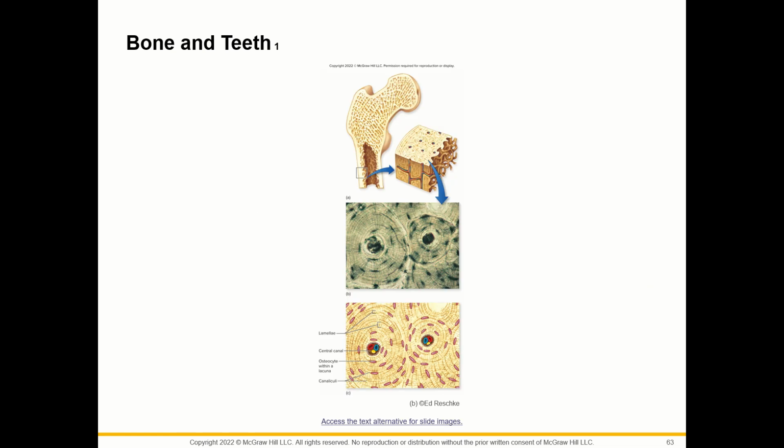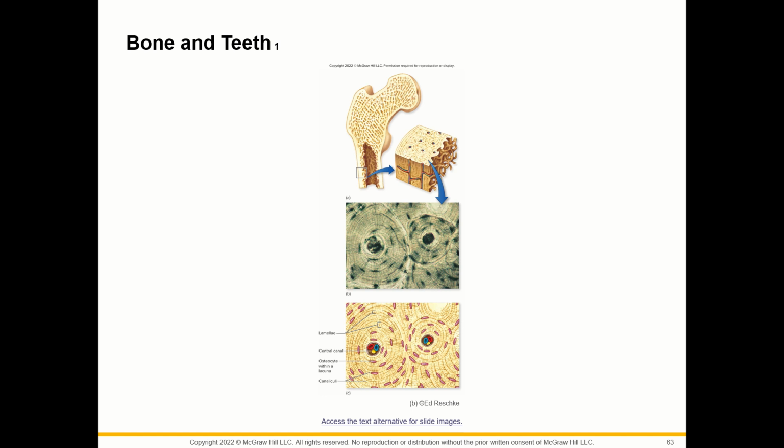So in figure 1.20, it shows the structure of the bone. In 1.20a, it shows a diagram of the long bone. 1.20b shows the photomicrograph of the osteons, and figure C is going to show the drawing of that photomicrograph.